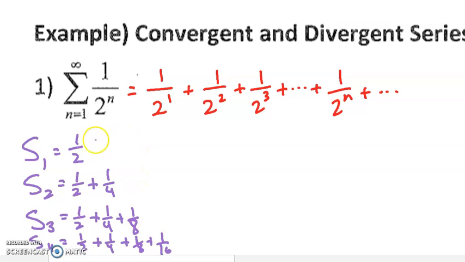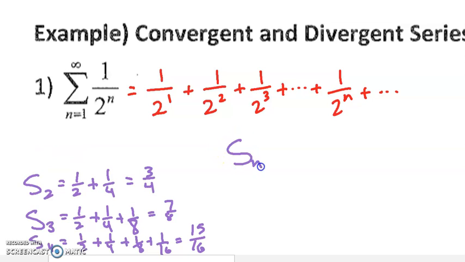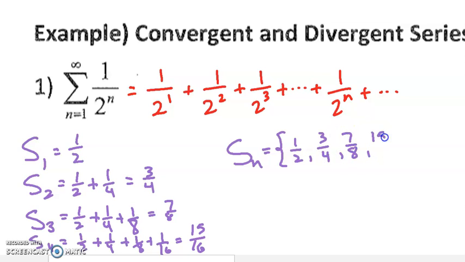When we add these up, we get 1/2, we get 3/4, we get 7/8, we get 15 over 16, and you might see the pattern here. So we can say that S sub n is equal to the sequence 1/2, 3/4, 7/8, 15 over 16.